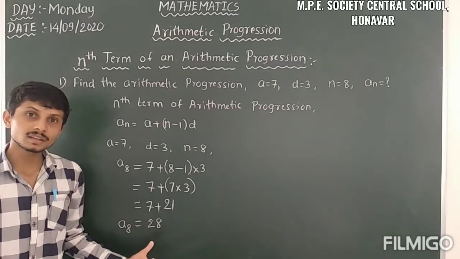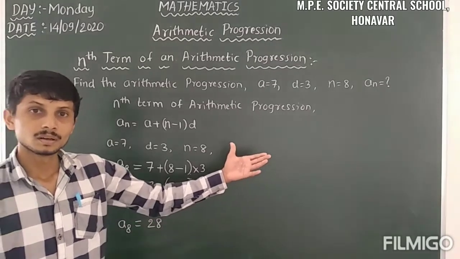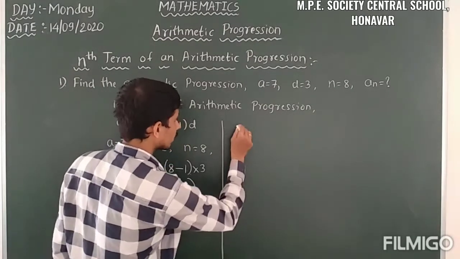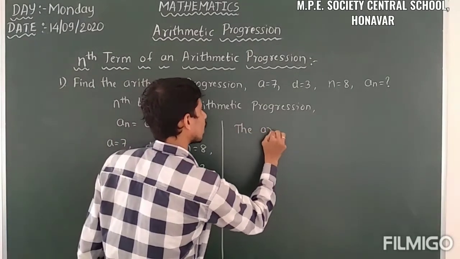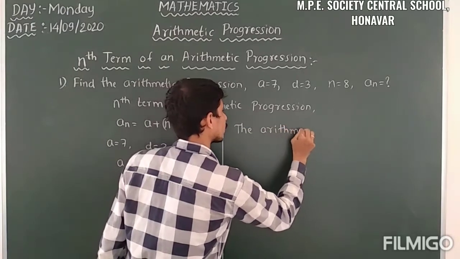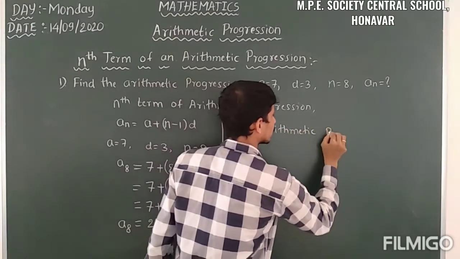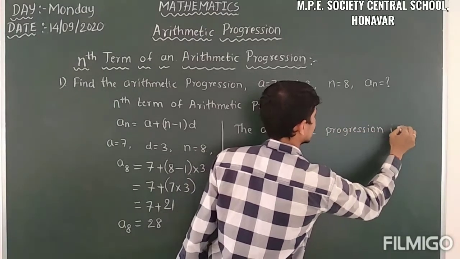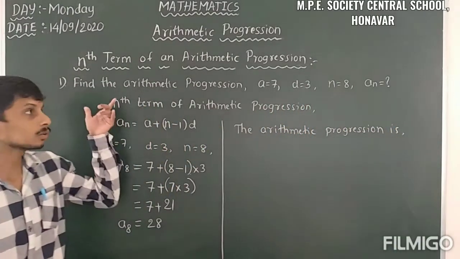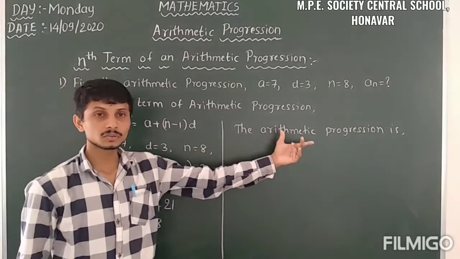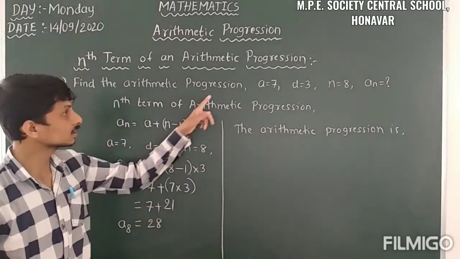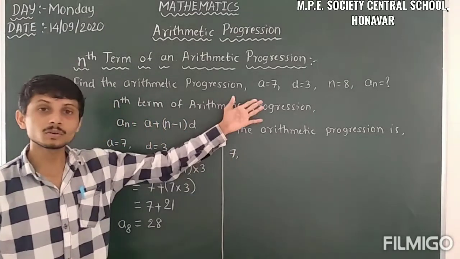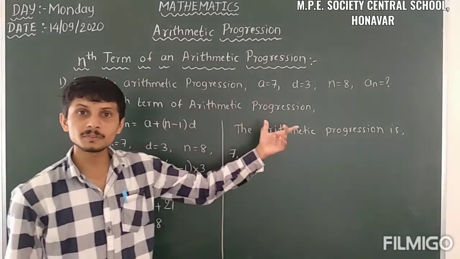Then what is that progression? Here we have to find the arithmetic progression, so we have to write it. The first term is 7 only. Firstly we have to write the 7. Then we have to add 3, because the common difference is 3.